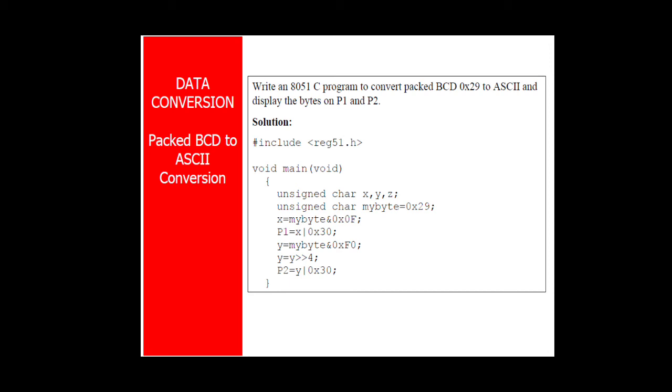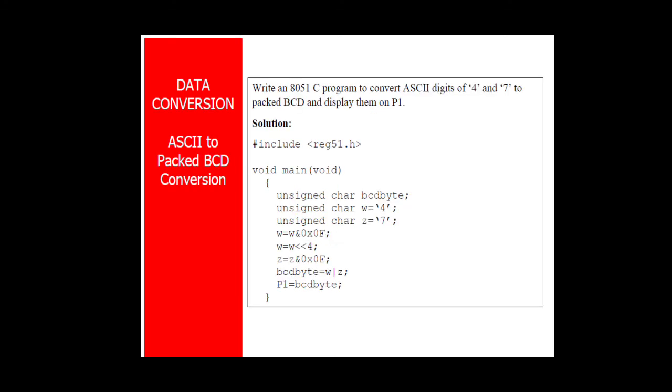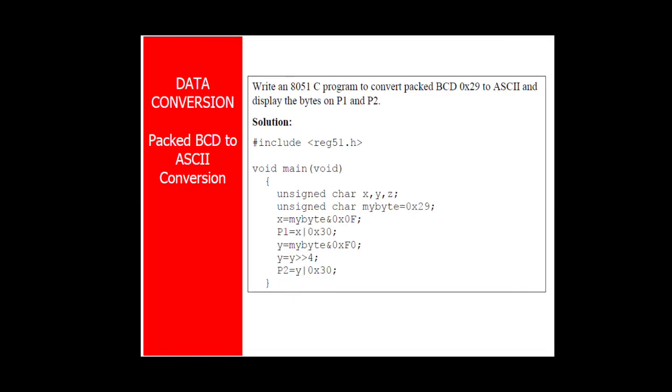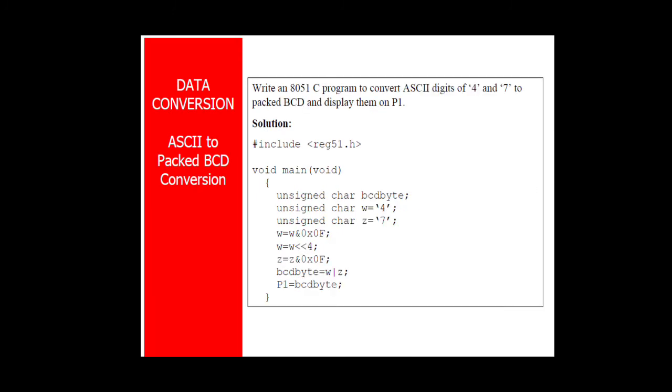It will mask the upper nibble. Later we are using bitwise ORing with the 30H value. So if it is 3, it will now become 33. In the same manner, please go through this example, manually take one value and try to execute it in the compiler.